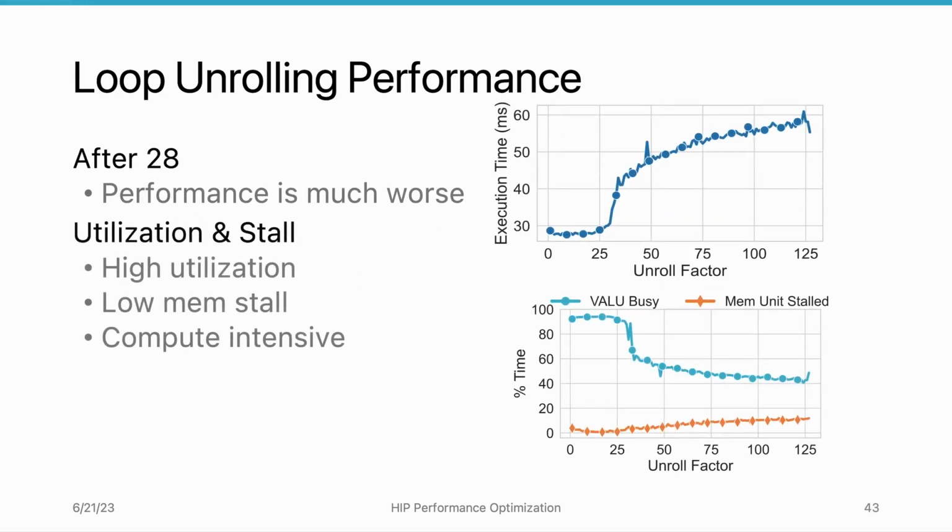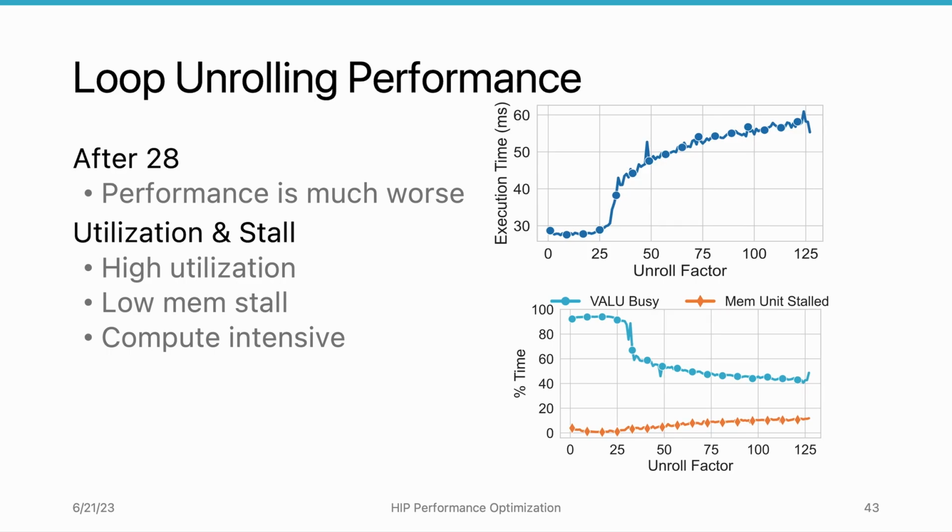As we keep running the ROC profiler, we want to examine if this is a memory-bound or a compute-bound workload. As you can see on the right, we draw the percent of time when the VALU is busy and when the memory unit is stalled. Before the unrolling factor is 23, the VALU is very busy, staying above 90% of the time.